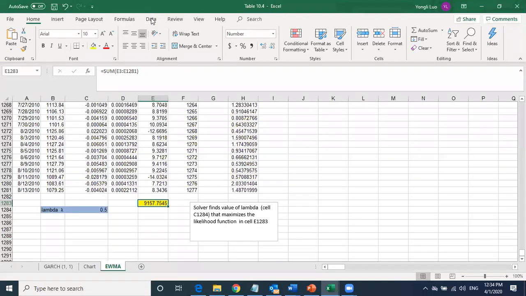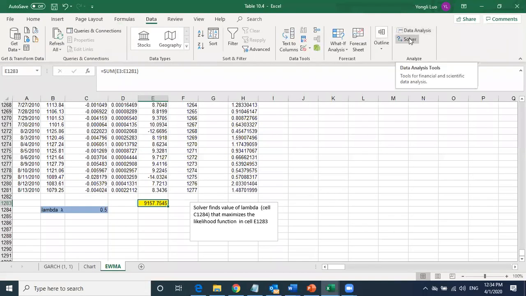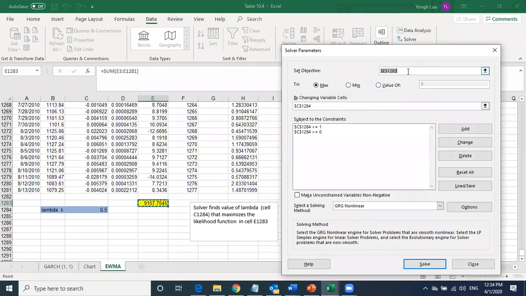So we go to Data and click on Solver. In this solver, you have to set this number to maximize by changing lambda. Whatever number you put right here doesn't matter.